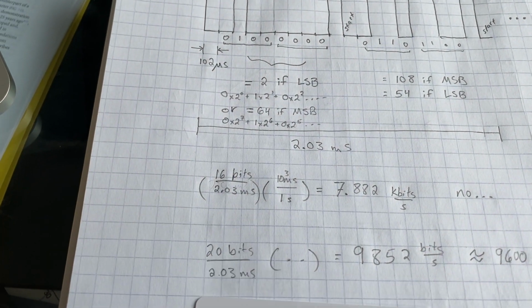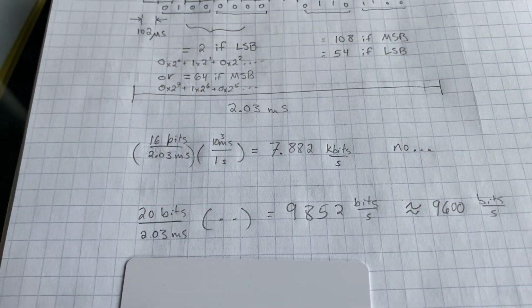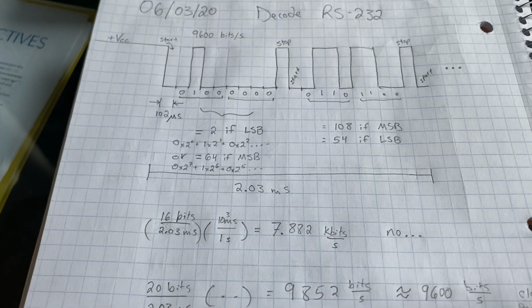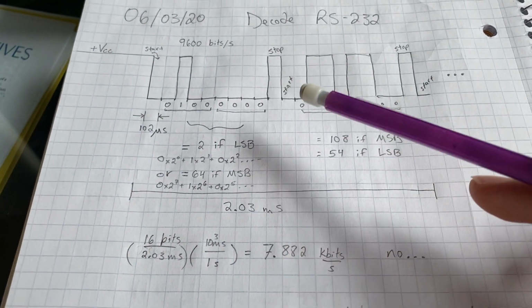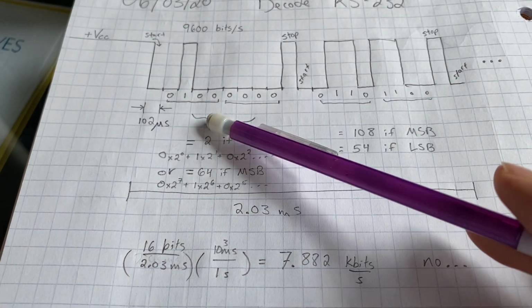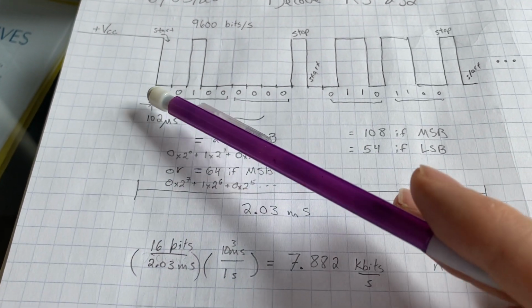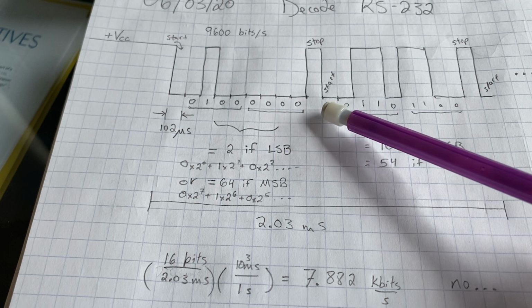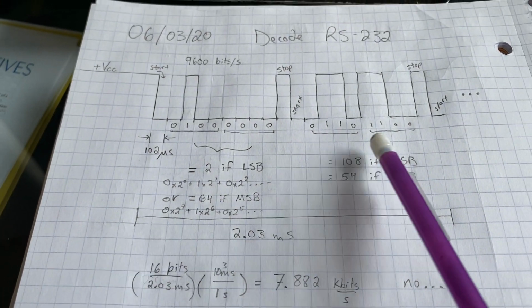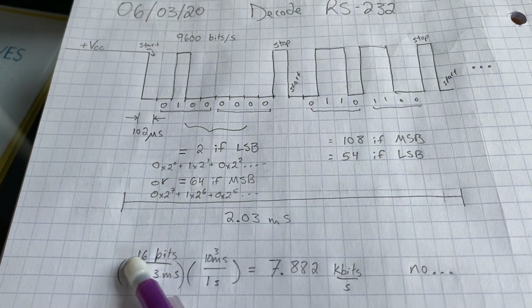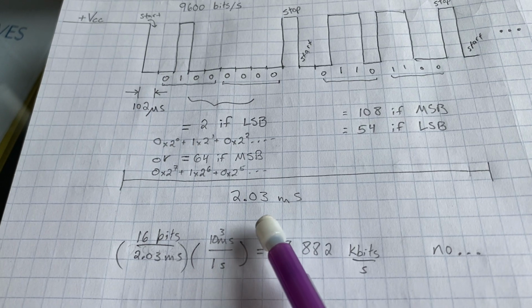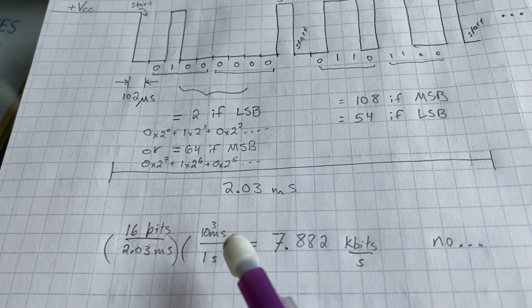And it's supposed to be 9600 baud, but if we look at the actual amount of bits we're seeing, if we say in this byte sequence, the time it takes from here to here, the end of the stop bit, or to get better precision, we can measure 2 bytes worth of time. We see that's about 2.03 milliseconds.